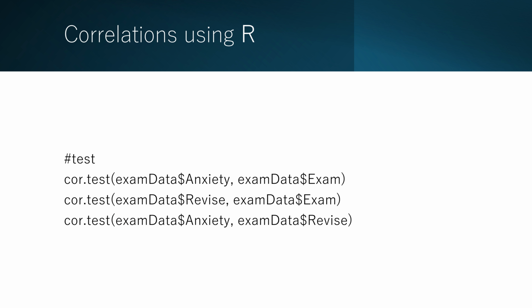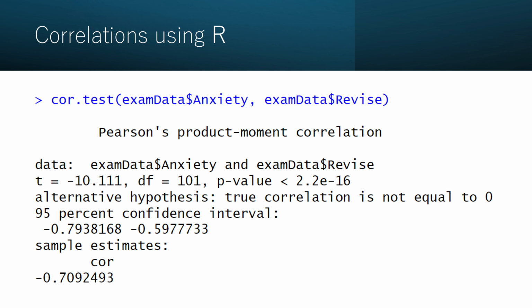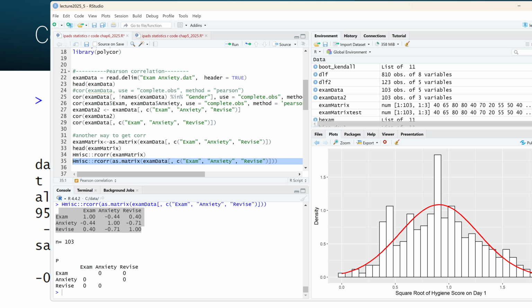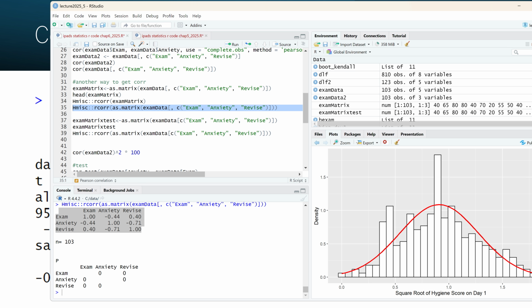This is the result, and also another way: the cor.test command also shows the Pearson's correlation.